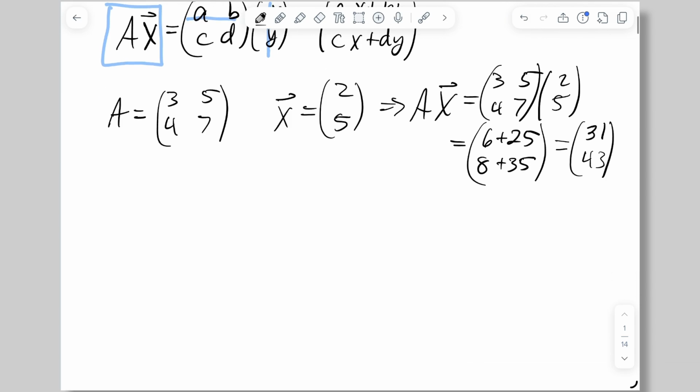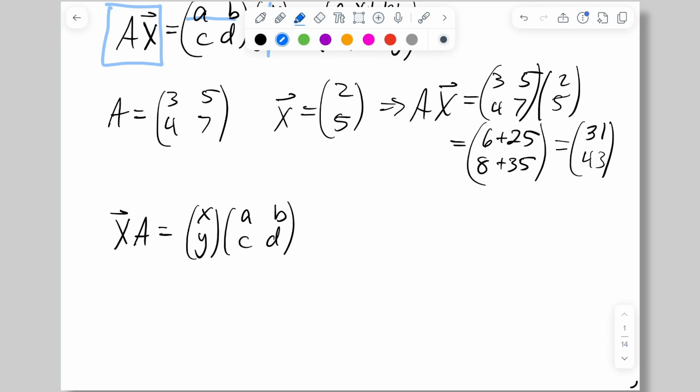Another important fact is that if we try to multiply x times A, then we have the column x, y times the matrix a, b, c, d. This product is actually not even defined. We would take the entries of the first matrix and pair by pair multiply them by what we get in the first column, but we don't have enough entries in the matrix x, y.